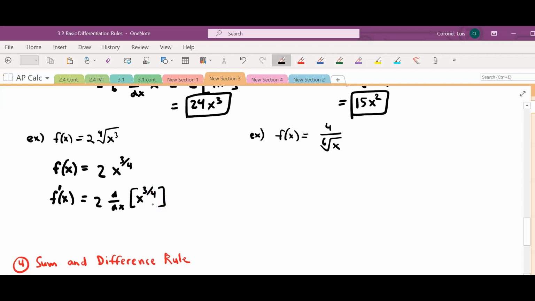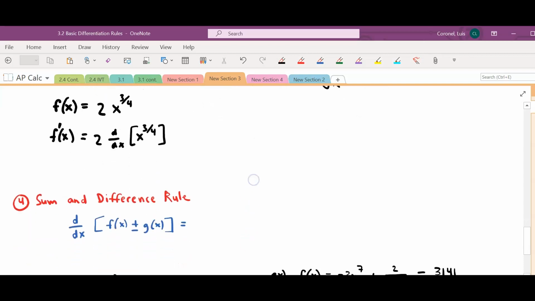So when you take the derivative of a power, that power goes to the front. So I'm going to get 3/4 x. Subtract 1 from 3/4, which means subtract 4 over 4, and it's going to give you negative 1/4.